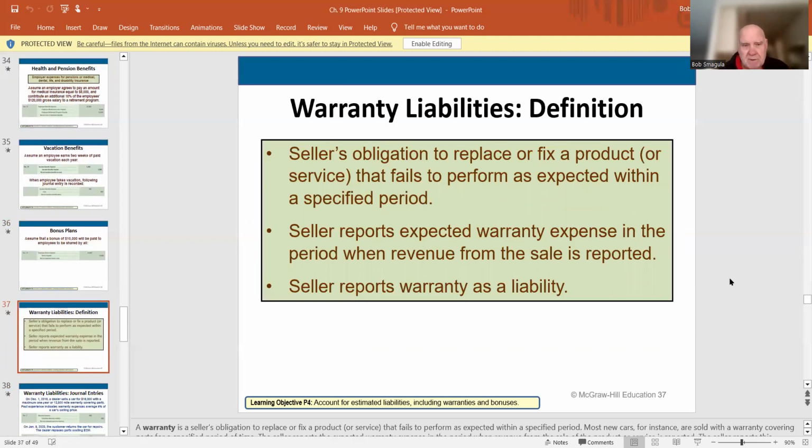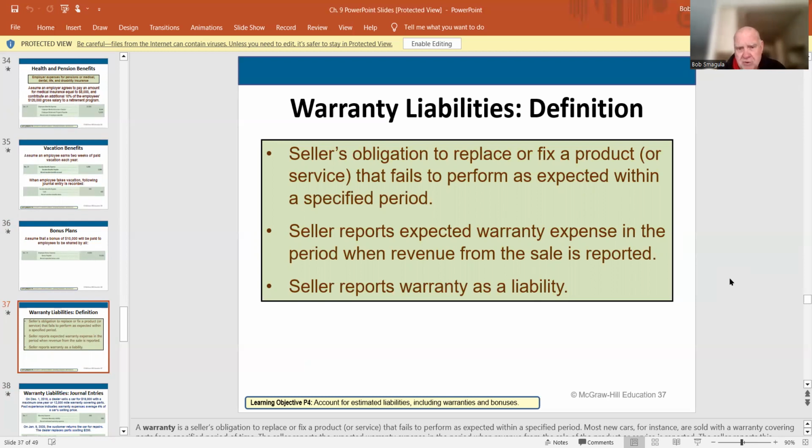Warranties, seller's obligation to replace or fix a product that fails to perform as expected within a certain period. Seller reports expected warranty expense in the period when revenue from the sale is recorded. So just think about that.